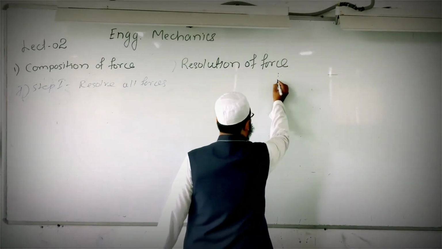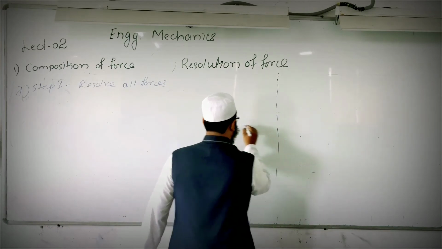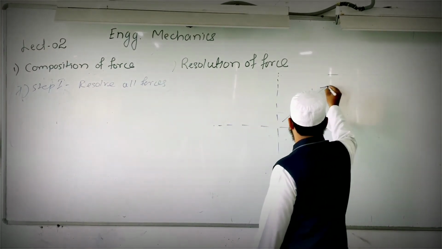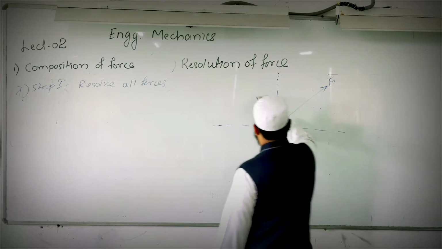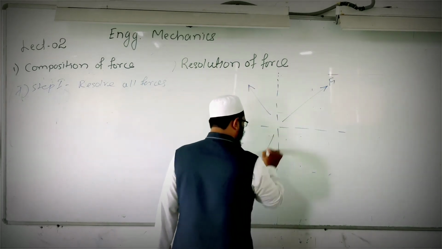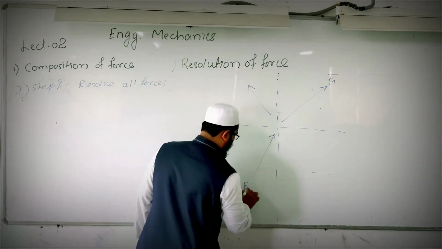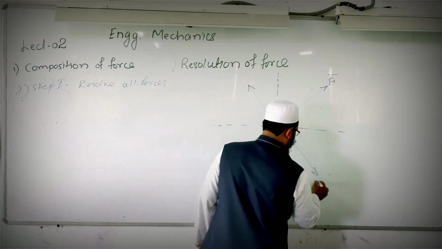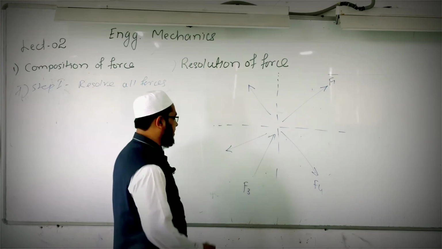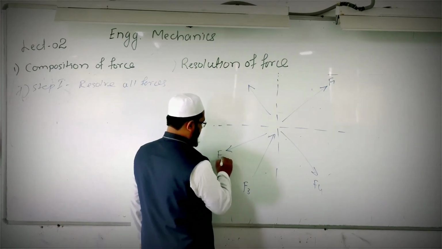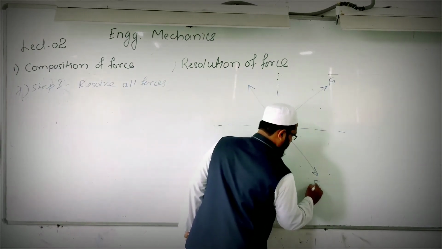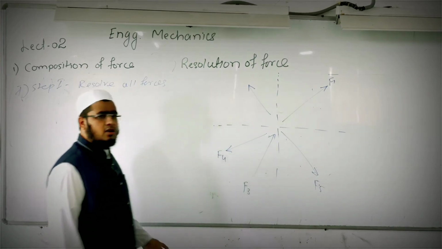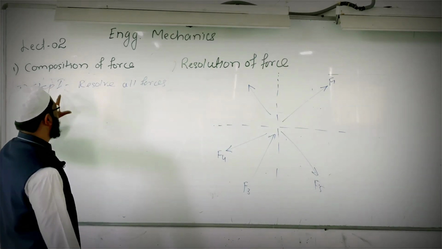We will see in the figure. If forces F1, F2, F3, F4, F5, these five forces are acting, then we have to resolve all the inclined forces. That is the first step.